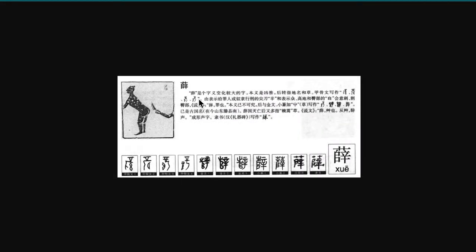Take a look at the character. So this is saying that the meaning of this character has been changed greatly.